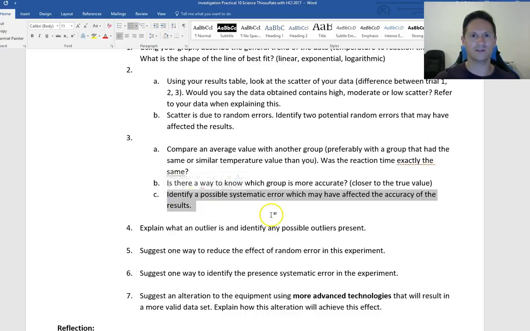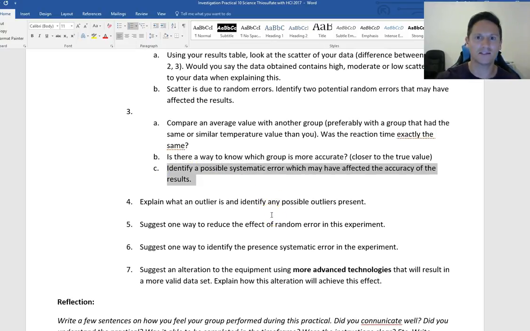A systematic error is one that affects the system, so it affects all of your results equally. So would there be a measuring device that if it's not correctly calibrated or incorrectly calibrated, it would have a bit of an effect? So possibly something like the thermometer, because you're always measuring the temperatures.